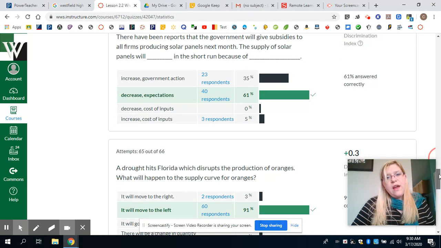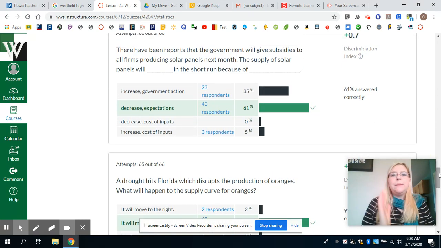All right, there have been reports that the government will give subsidies to all firms next month. Now, look at this carefully. There have been reports that the government will give subsidies to all firms producing solar panels next month.